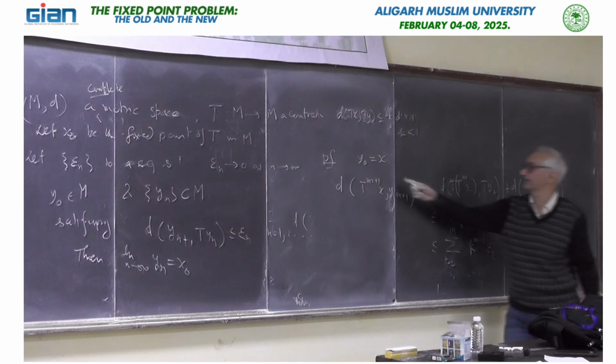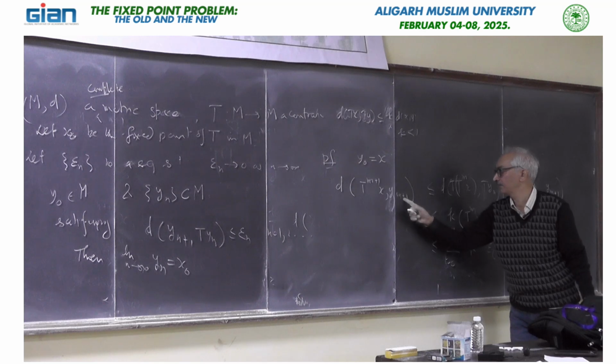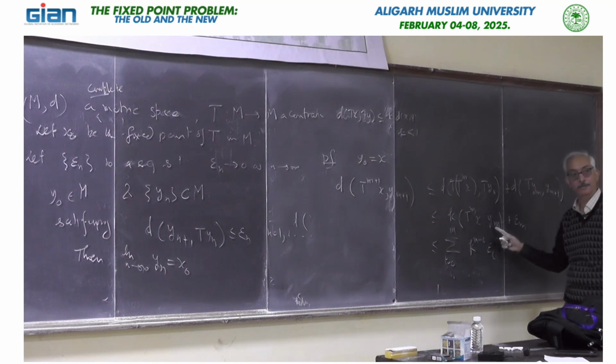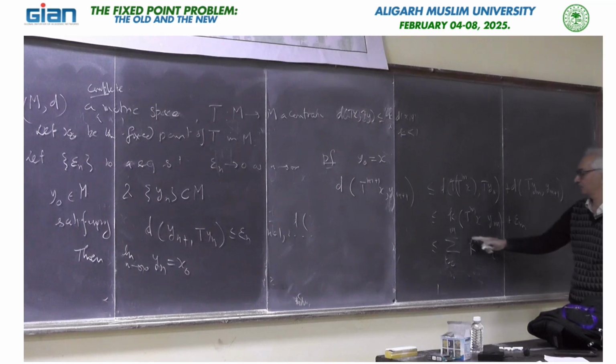So here you have T^m and y_m, T^{m+1}, y_{m+1}, here T^m y_m, and then recursively you go down to that one, and each time you keep getting these epsilon_i's times those k's, and so this is what you have.